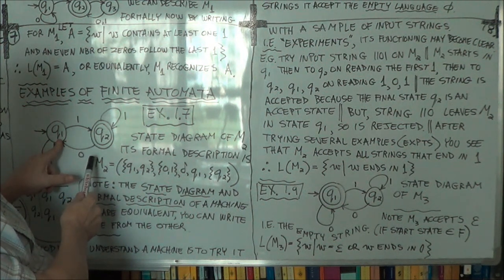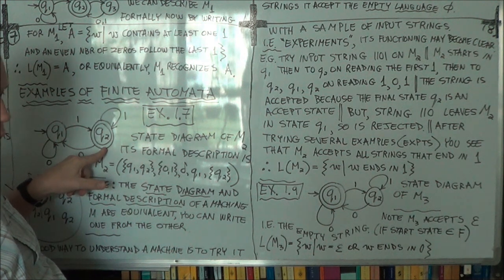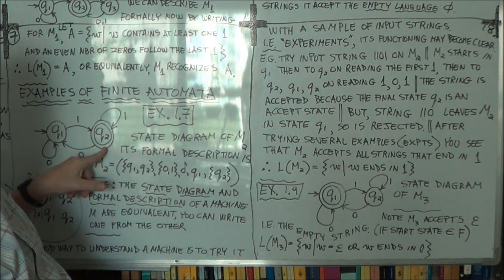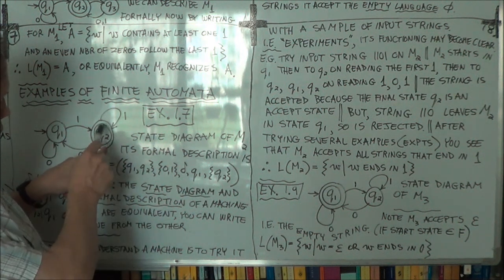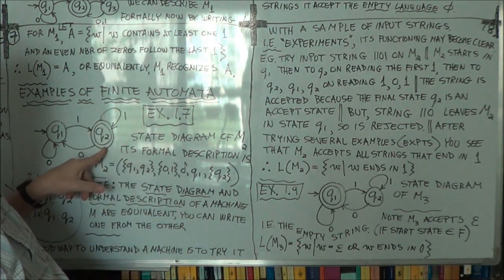And then we read the final 1, takes us to Q2. And that's it. We've finished reading the input string. So the final state is Q2. But the final state is an accept state, because Q2 has two rings, two circles. It's an accept state.